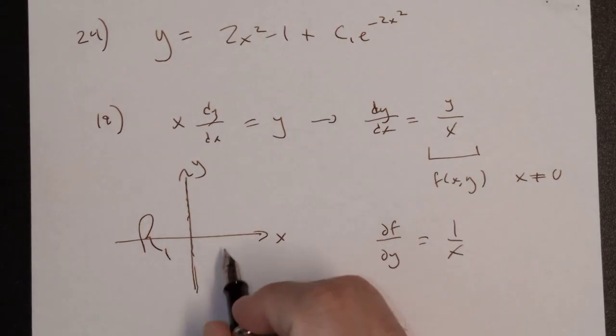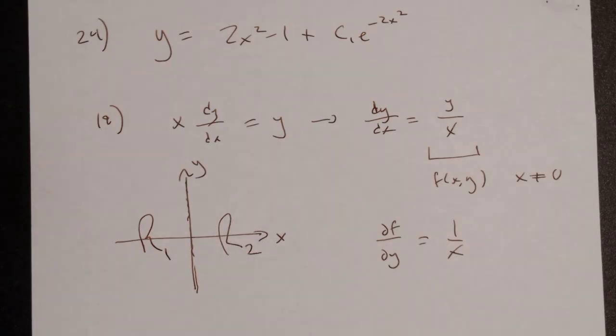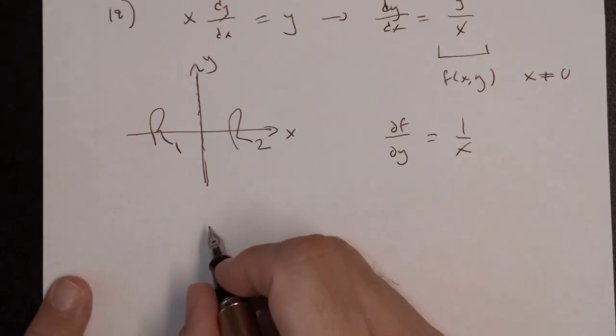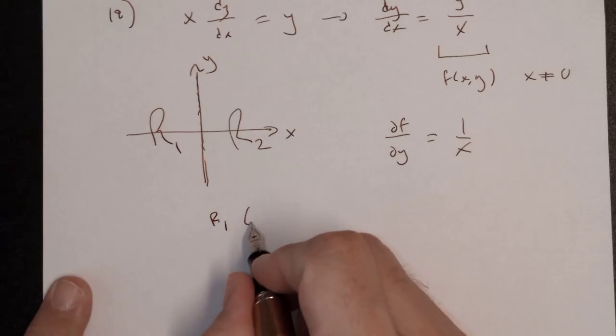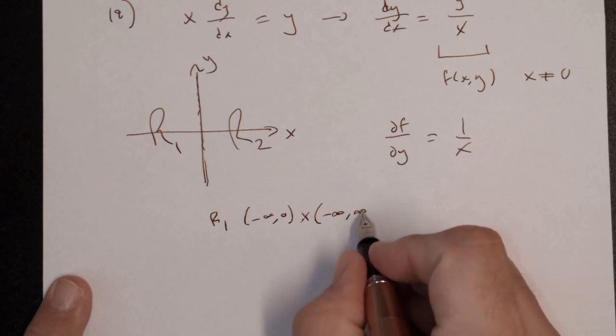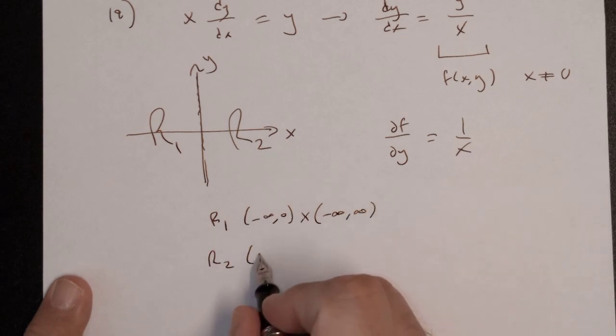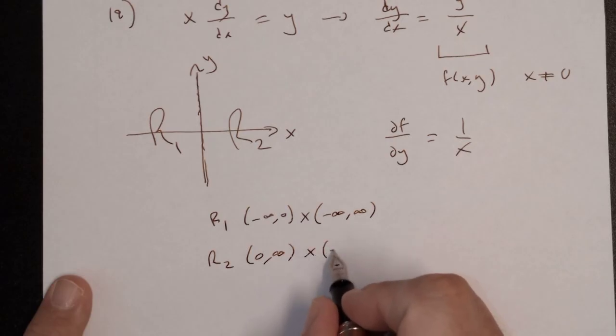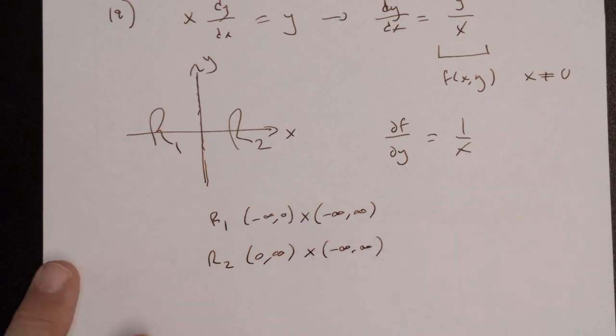Rectangle 1 on this side and rectangle 2 on this side. If you pick an initial condition point away from the y-axis, that will work.